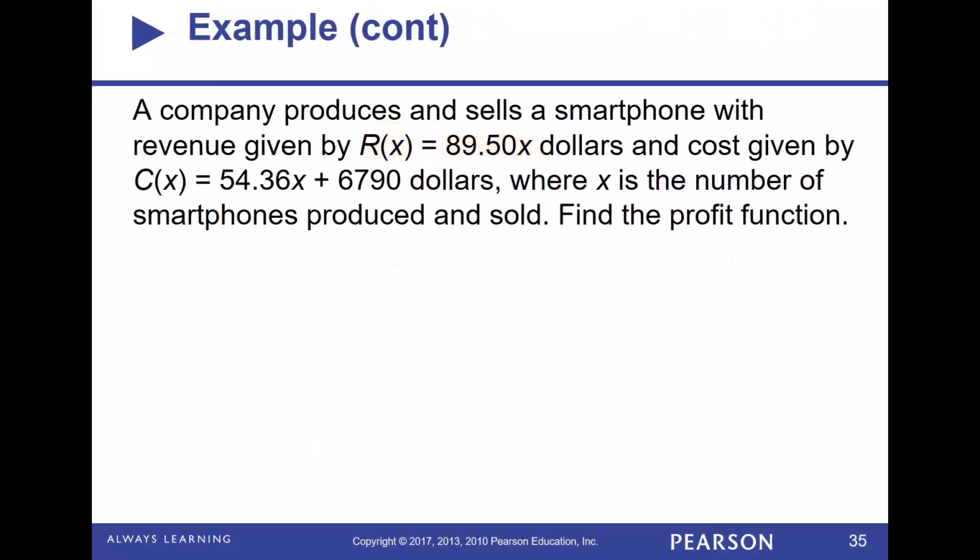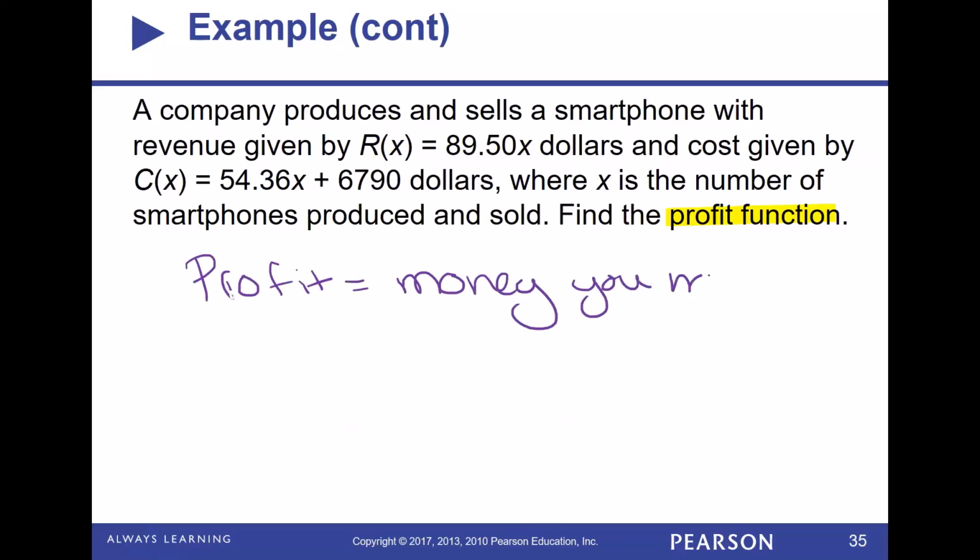Okay, so now that we've learned revenue and how to find marginal revenue, let's find the profit. So let's find a profit function. Now, this is going to have to go back a little bit, and let's remind ourselves of what exactly profit is. Profit is money you make.